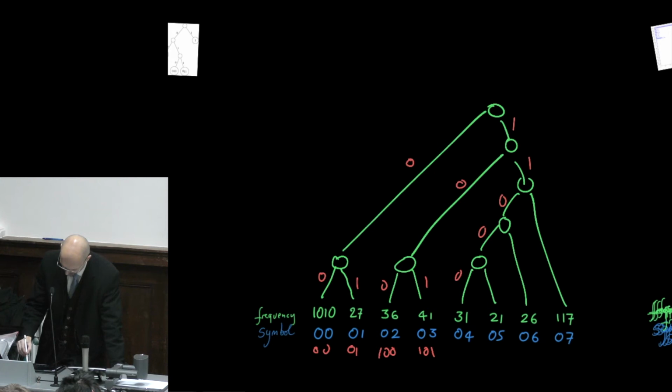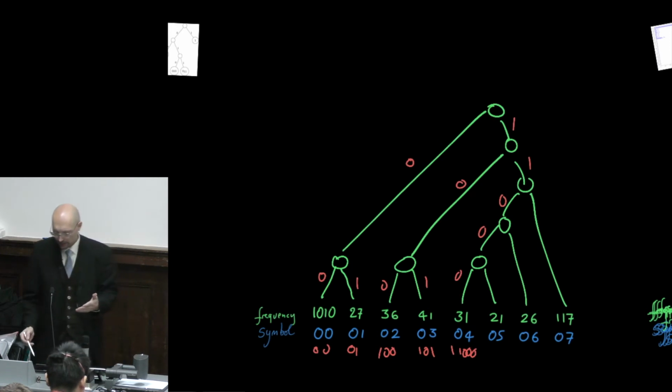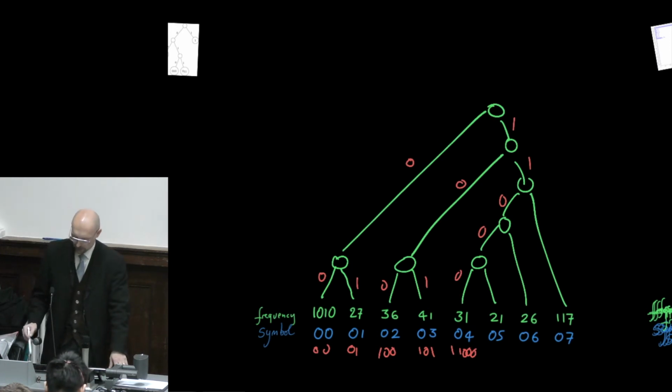So it's 1, 1, 0, 0, 0. And so on. And I assign a unique code to each symbol in a way that ensures no code word is a prefix of any other code word. And if I did that, I would have a code, and I could encode the original file in this way.